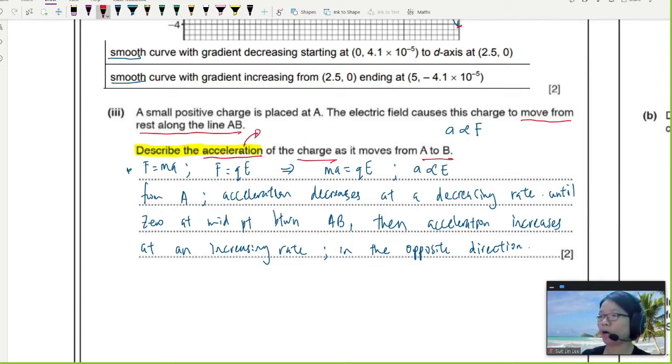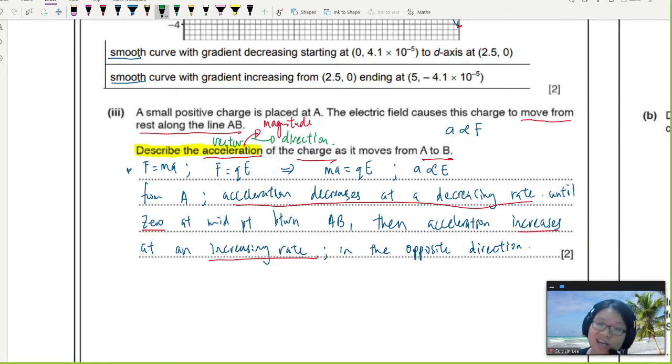We need to talk about both magnitude, which here you can see acceleration decreases at a decreasing rate, 0 at midpoint, increases at an increasing rate. So this is magnitude. And direction. Vector ma? This is a vector. Unless the question is very explicit, describe the changes in magnitude of the acceleration, then you don't have to write about direction. So the direction is opposite direction.